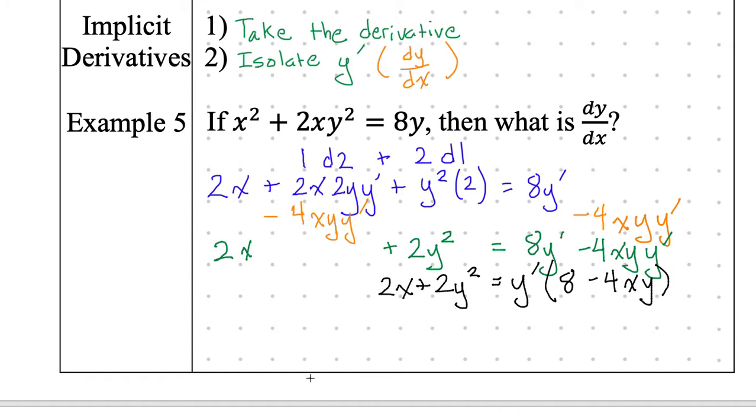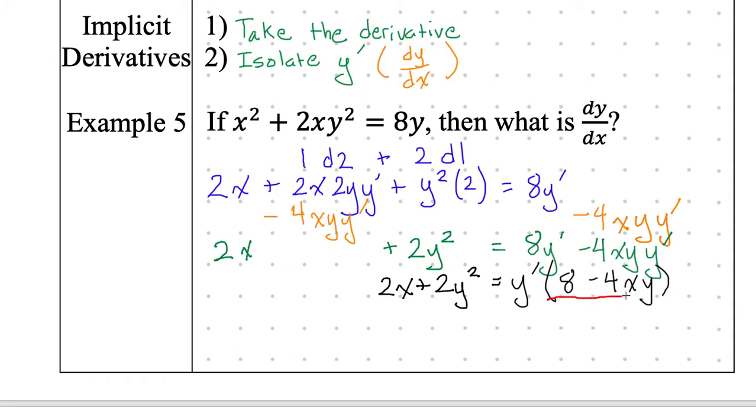All right. The final step. Who's got it? Arrow, do you remember how to do this? What do you do for the final step? Divide by what, Gio? Not exactly. Right now y prime is being multiplied by all this garbage. So how do I do the inverse operation of multiplying by all of this garbage?